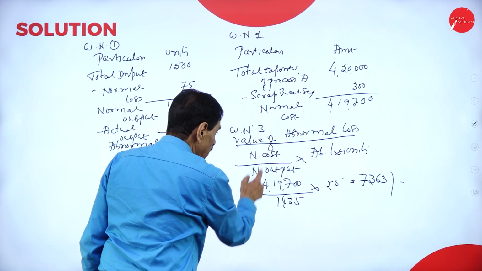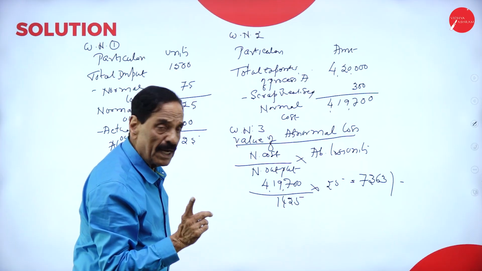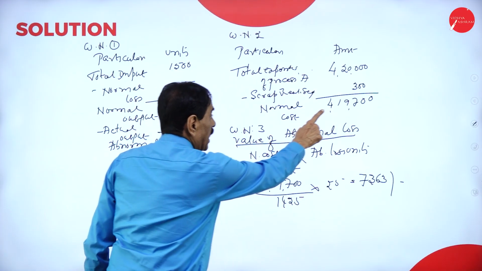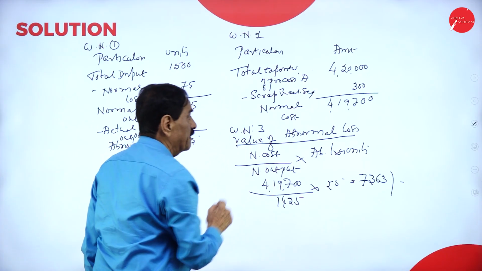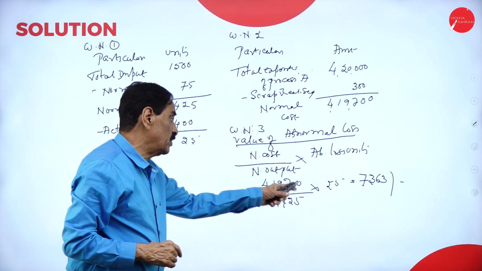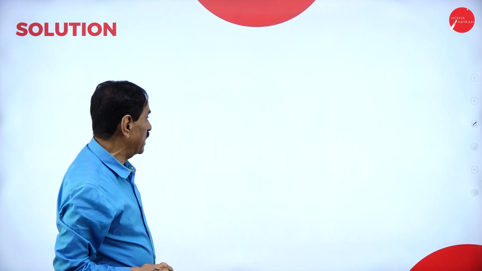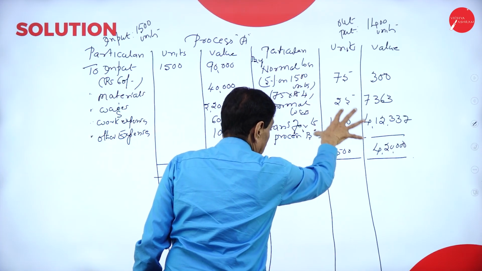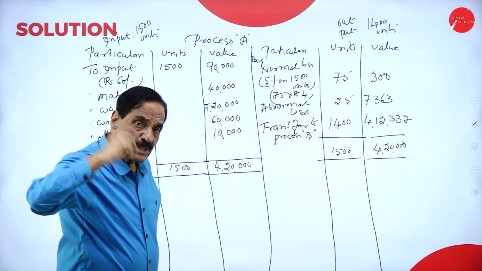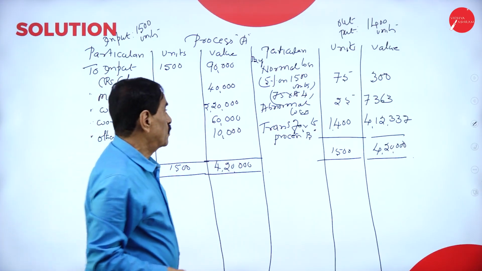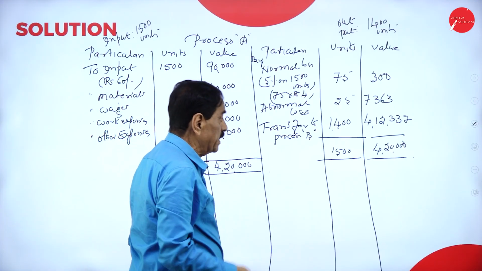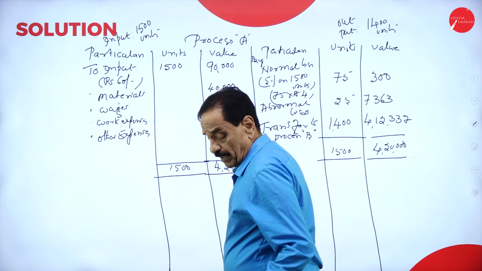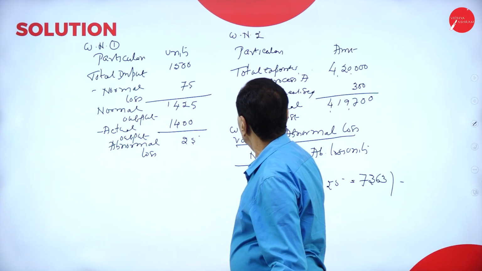Value of abnormal loss is normal cost divided by normal output multiplied by abnormal loss units. 4,19,700 divided by 1,425 times 25 works out to 7,363. Whatever the result comes, this is the output transferred to process B. So 1,500 becomes 1,400. The value is 4,12,337. Then we'll go to process B now.